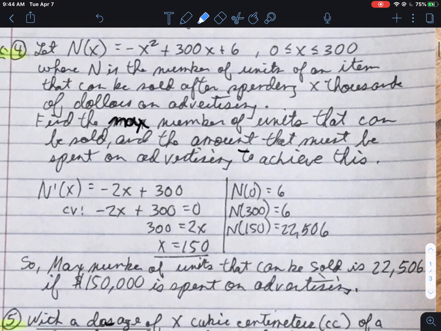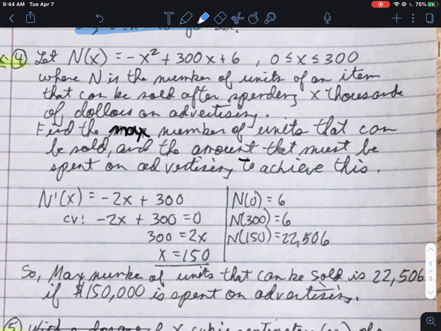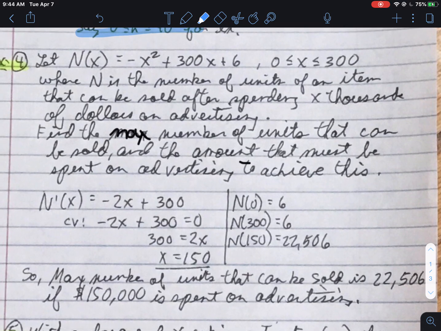So I have a couple of functions and specific situations. But we have the basics down. Now it's just, as usual with applications, making sure I interpret the information correctly. I watch the language. Do I know what to do with it based upon the question that is asked?